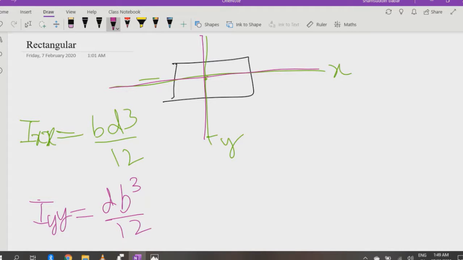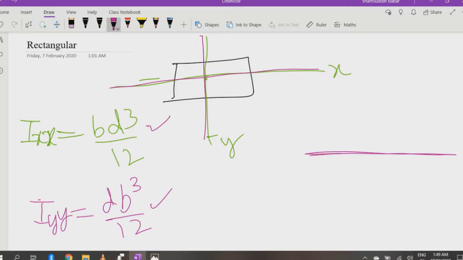There's a bit of confusion about how to remember in which axis d comes with cube and in which axis b comes with cube. So I will give you a short trick to remember which dimension comes with cube. Remember the x-axis. This is our x-axis.